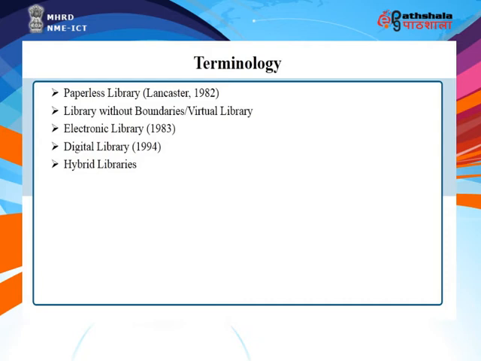The relatively recent use of the term digital library can be traced to the digital library initiatives funded by the U.S. National Science Foundation, the Advanced Research Project Agency, and the National Aeronautics and Space Administration (NASA) in the United States.